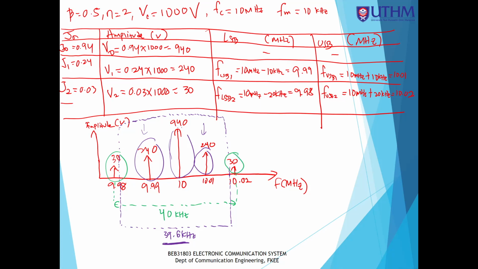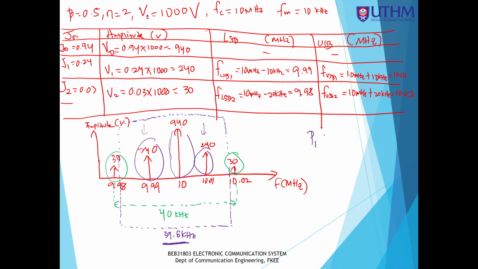But in this example, the question asks you to find the smallest sideband within the 99% of the Bessel bandwidth, so the smallest sideband is the first sideband. Therefore the smallest sideband here is P1.